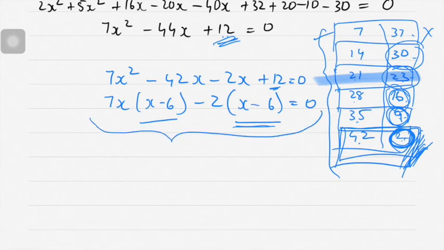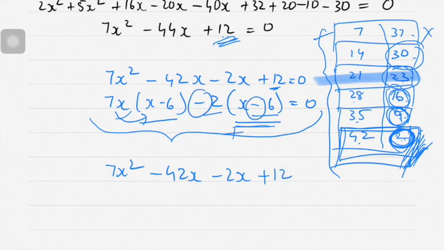Okay. Now, see, when I open this bracket, okay, so 7x into x would be 7x square. Then 7x into minus 6 would be minus 42x. Correct? Now open the second bracket. Minus 2 into x would be minus 2x. Minus 2 into minus 6 would be plus 12, because minus minus becomes plus.